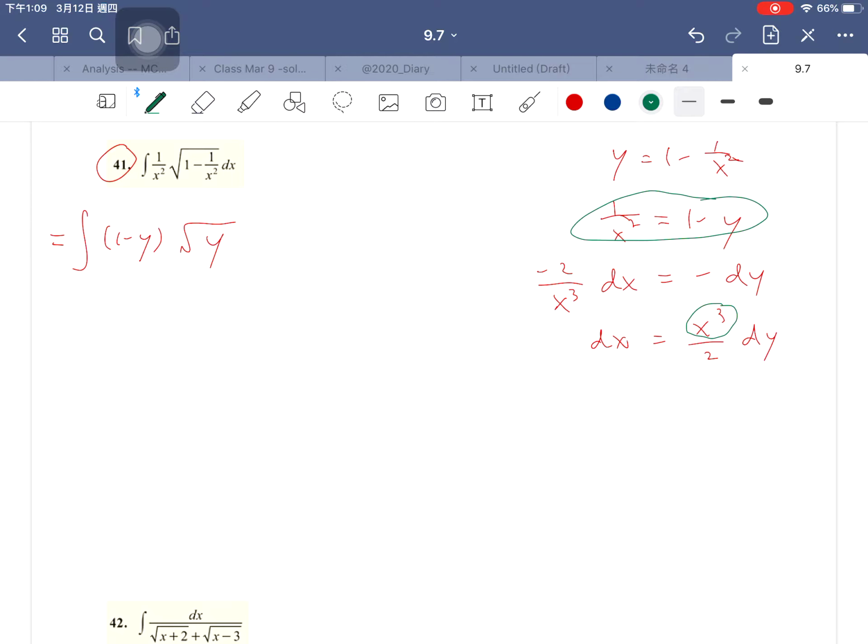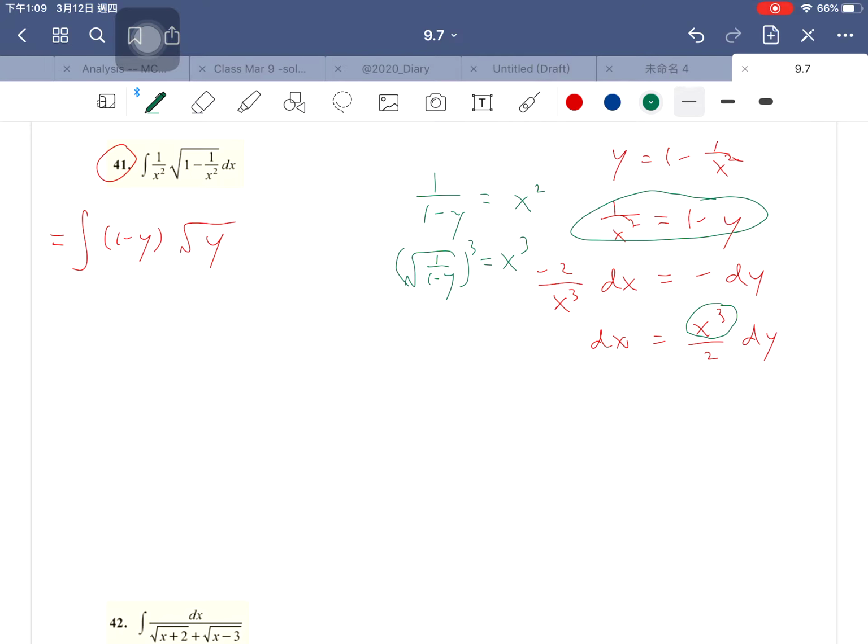Then it seems that it is complicated too, because x squared is equal to 1 over 1 minus y, and then x cubed will become a square root, and taking it to the power 3 is x cubed. So it seems that it is not a good idea.